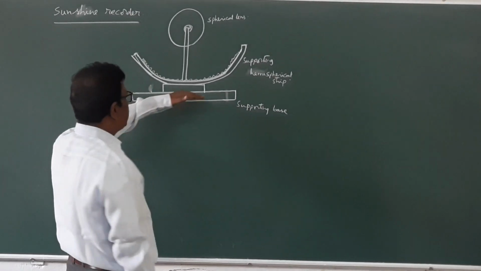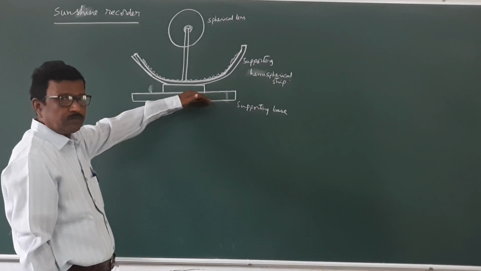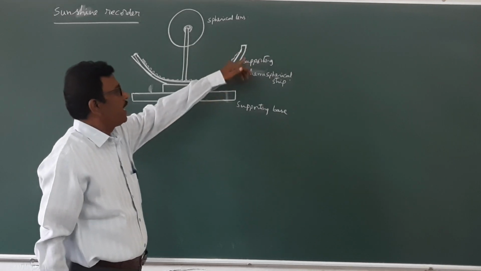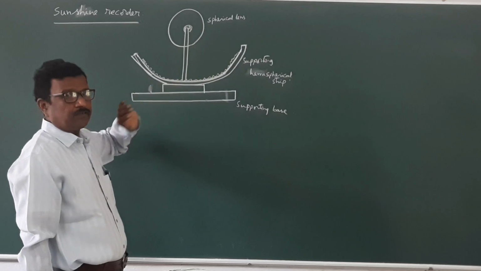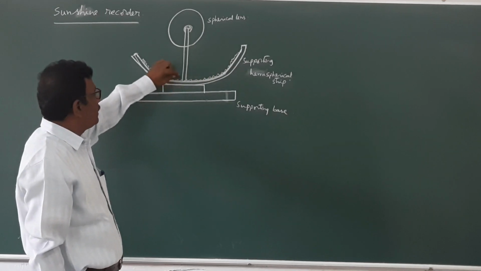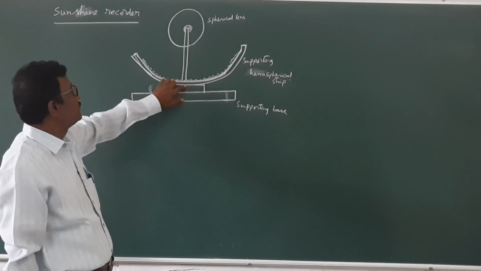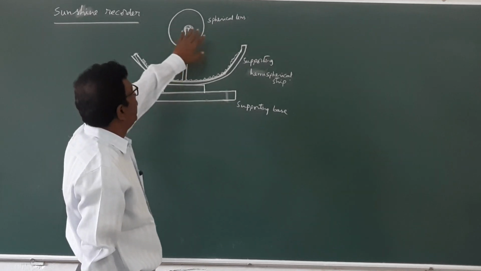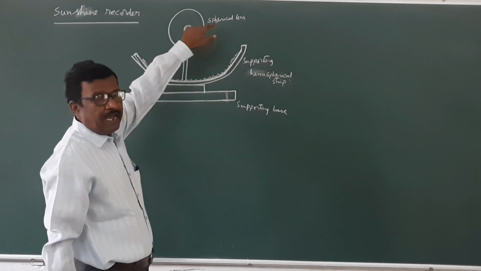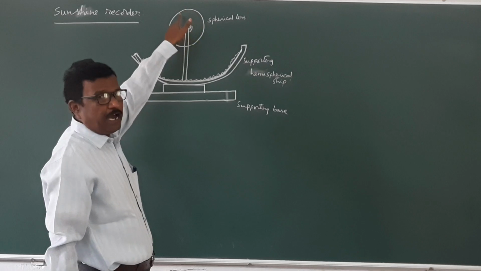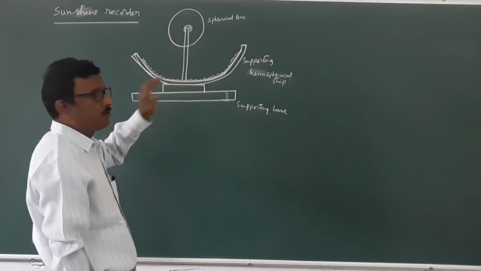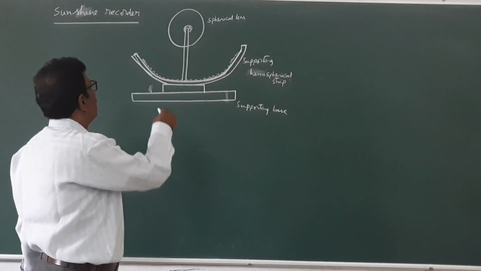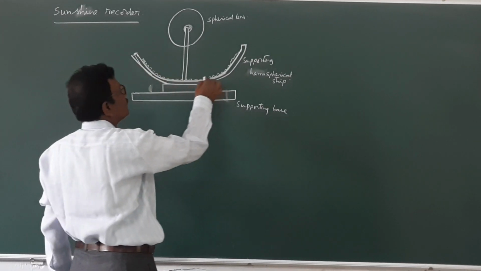It consists of a fixed base on which a hemispherical metallic strip is fixed. At the center of the metallic strip, a spherical lens, a lens in the form of a sphere, is supported over a rod.